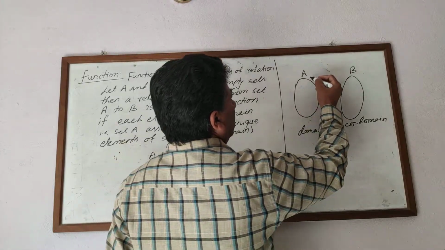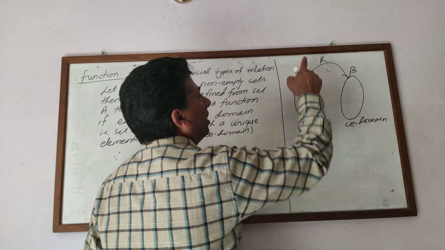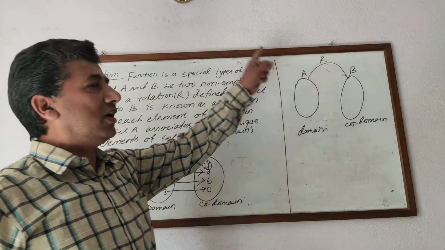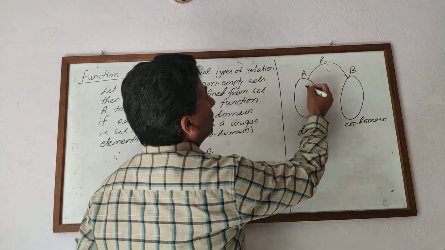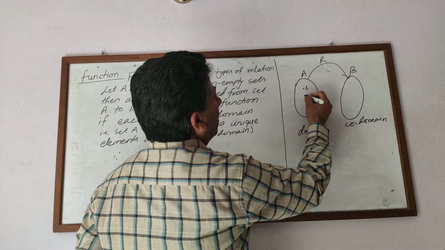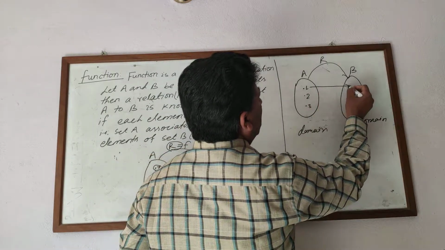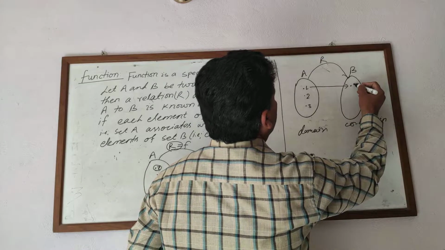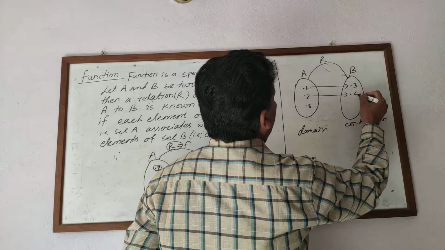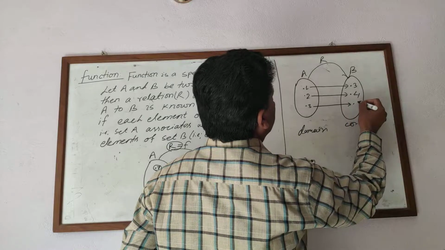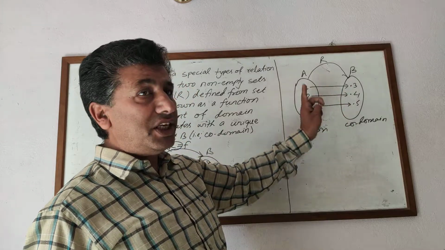Now, suppose there is a relation, I'll write here R. In which condition will this R be a function? I already explained the main condition. Now, a few more examples. Suppose 1, 2, 3. This 1 has image, for example, 3. This 2 has image 4. This 3 has image 5. Image of 1 is 3, image of 2 is 4, image of 3 is 5. Now this is also a function.